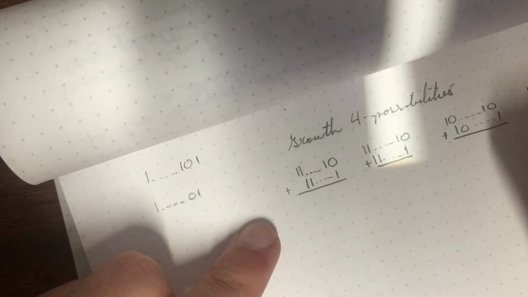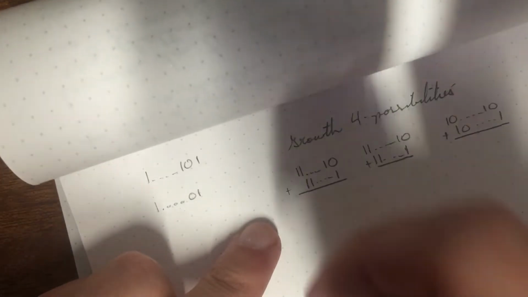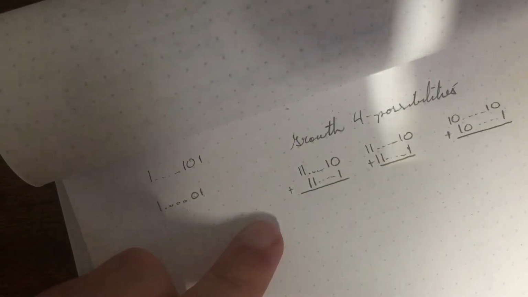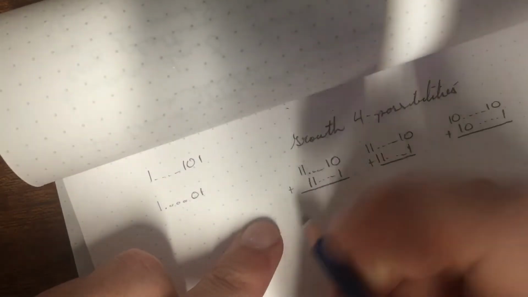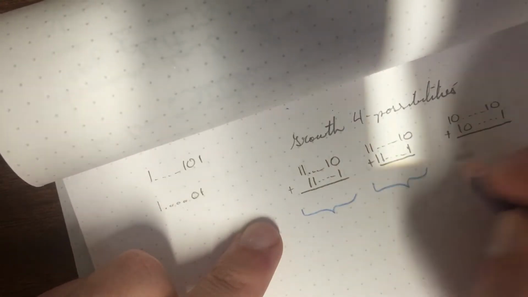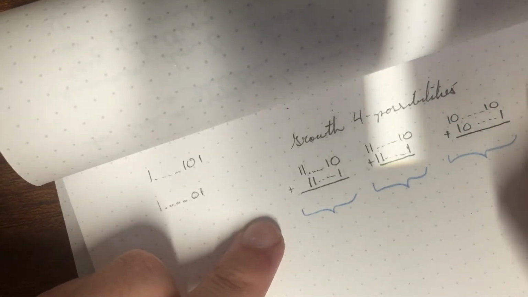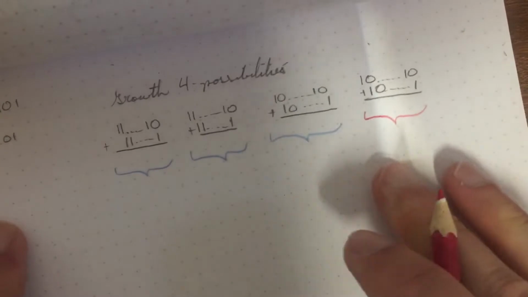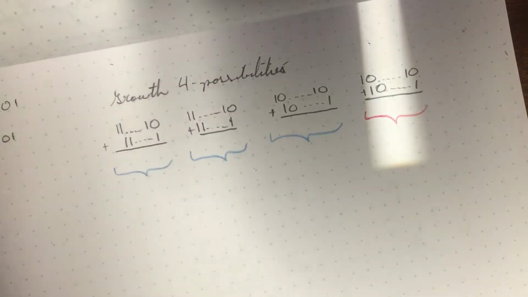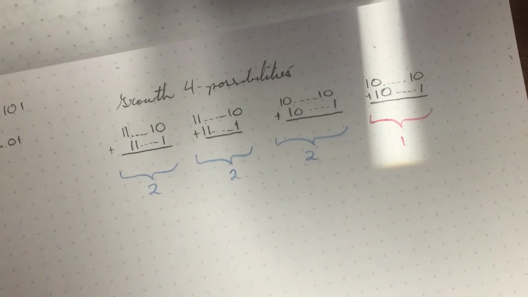I've shown the other work, but basically there were 3 scenarios where we added 2 digits, like this one, and then there was one scenario over here where we added 1 digit. So we had 1, 2, 2, and 2.